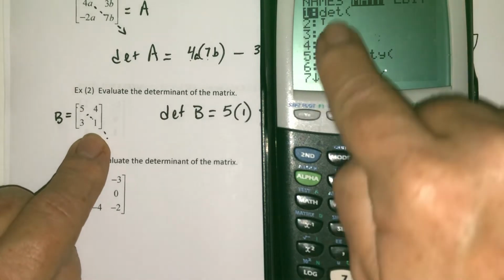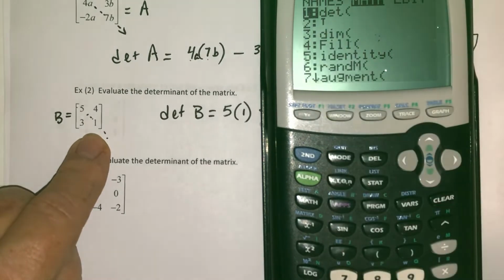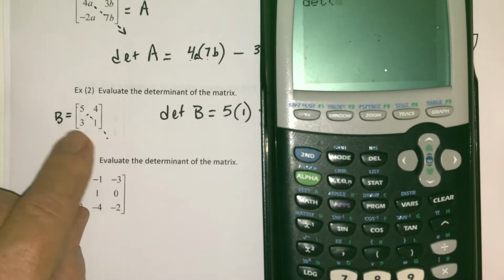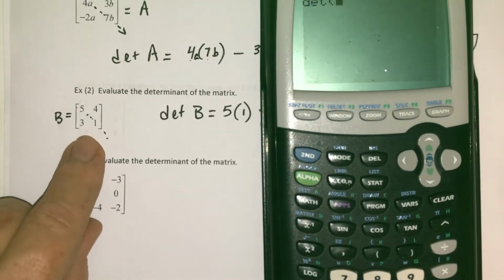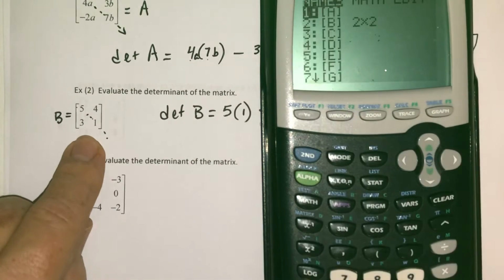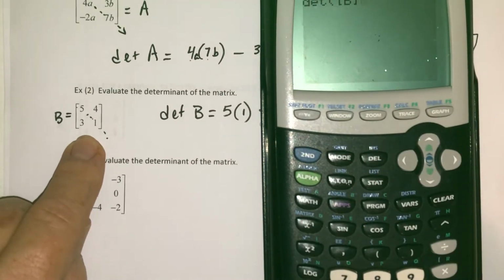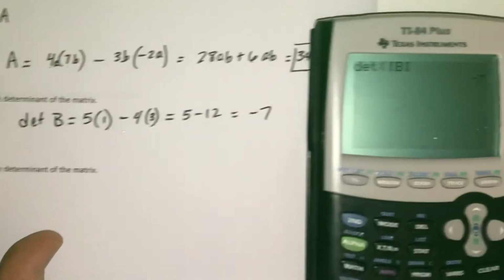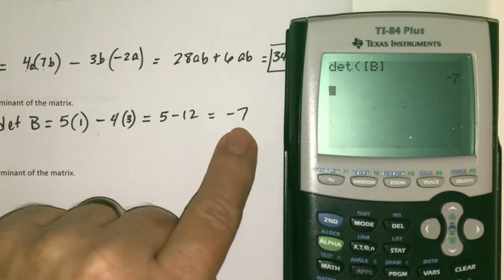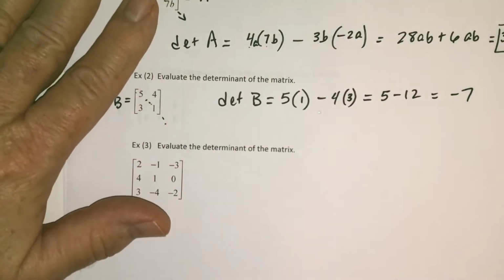It says DET, which means determinant of, and I need to tell it which matrix, so I get the name of it, which is B, number 2. Then it will give me that negative 7 that I got right here. So yes, negative 7 is the correct determinant for that matrix.